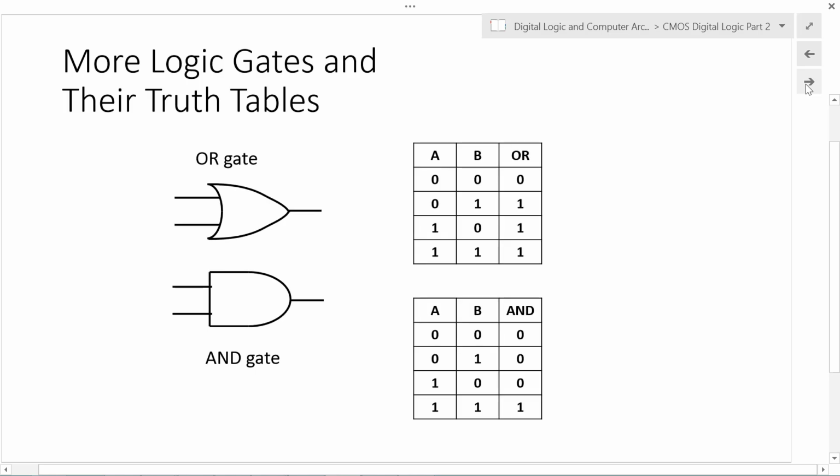Some other logic gates and truth tables to review. Remember the OR gate and the AND gate. Let's look at the CMOS implementation of the OR gate here.